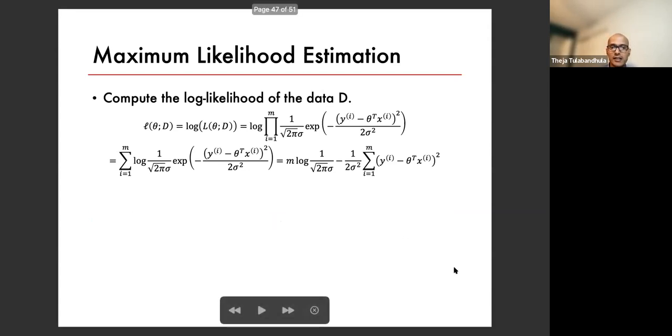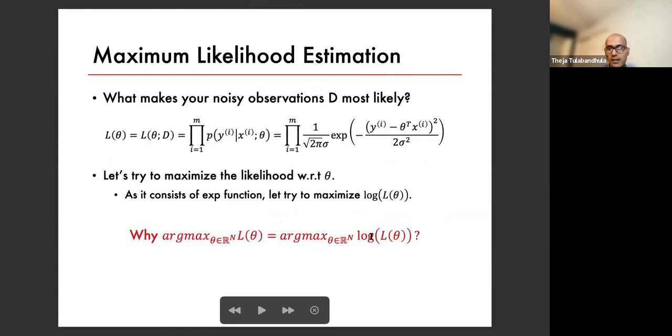So let's come back here. If you apply a log function on the original objective, since log is always an increasing function, wherever the original function was getting a maximum, the new function with the log also gets a maximum.